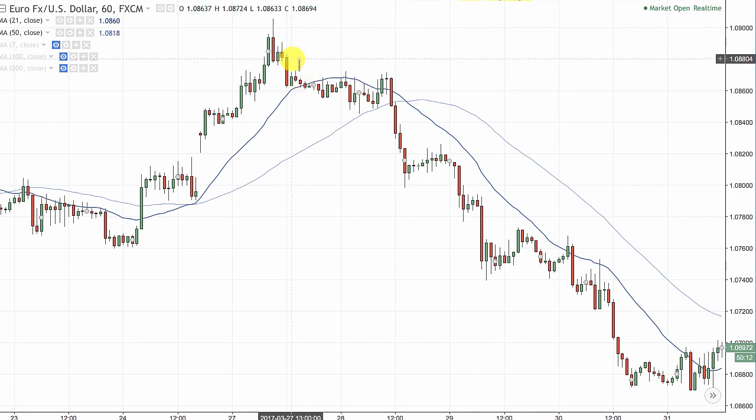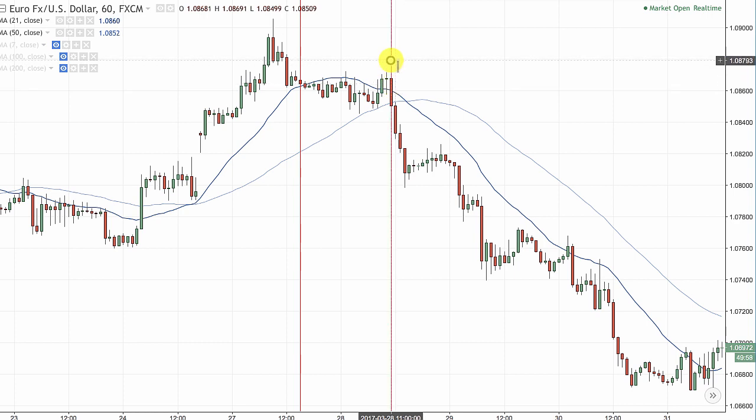Let me mark that for you. And when we compare to the 50, price stayed above the 50-period moving average until this candle here. So you can see obviously the signal in the 20-period moving average comes much faster, and the 50-period moving average is much slower than the 20.